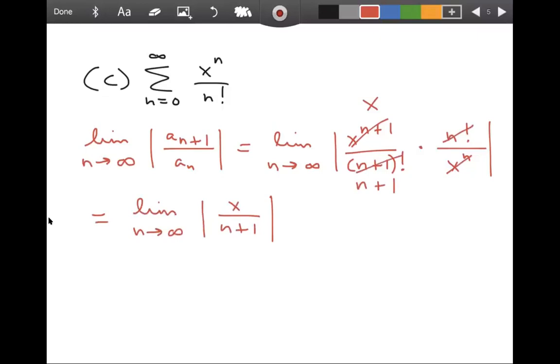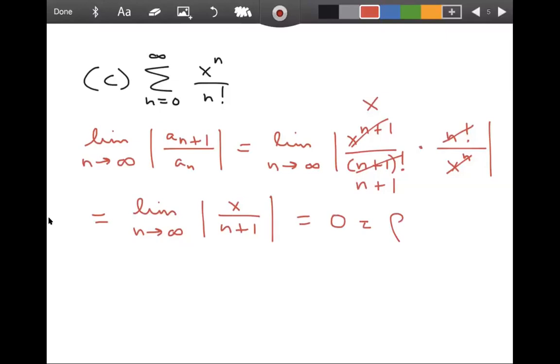Now remember, x is a fixed number, and n plus 1 is increasing without bounds. So any fixed number divided by a number that's increasing without bound, this limit is going to be 0. Remember that the value that comes out of this limit is what we call rho. So this is kind of interesting.